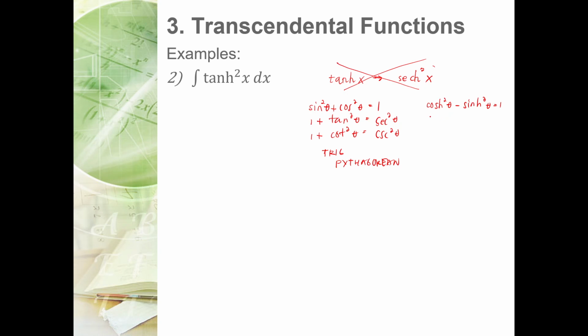Then instead of plus here, we have minus: 1 minus tangent squared theta is equal to secant squared theta. Then lastly, again instead of plus we have minus: 1 minus cotangent squared theta is equal to cosecant squared theta. Okay?